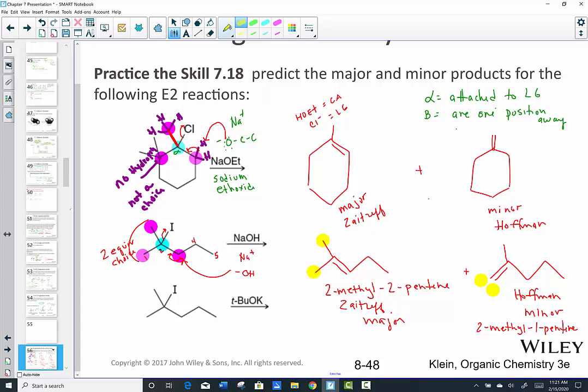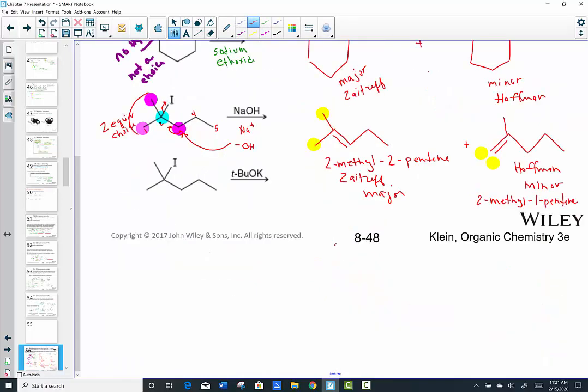All right, so now what happens in the next example? Here we have an idea where we have 1, 2, 3, 4, 5, but we're using a big bulky base. The big bulky base is tert-butoxide. Potassium is your spectator. K plus is your spectator, so just ignore that. But a big bulky base is going to favor the Hofmann product.